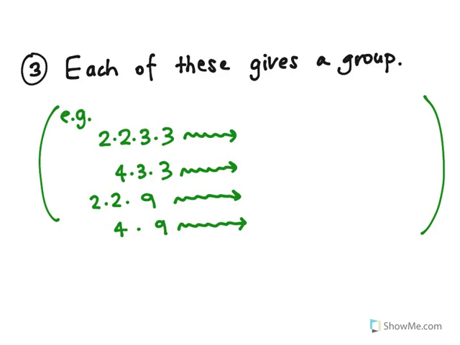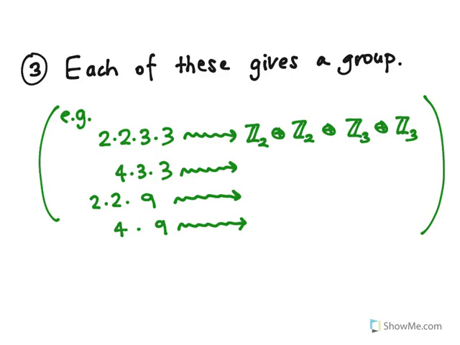Rather than trying to state this step too precisely, I'll just say each of these gives a group, but let me illustrate it in the example that we've been looking at. So in step 2, you found these 4 different ways of factorizing 36. The first one was 2 times 2 times 3 times 3, and to that I'm going to associate the following group: Z2 plus Z2 plus Z3 plus Z3.